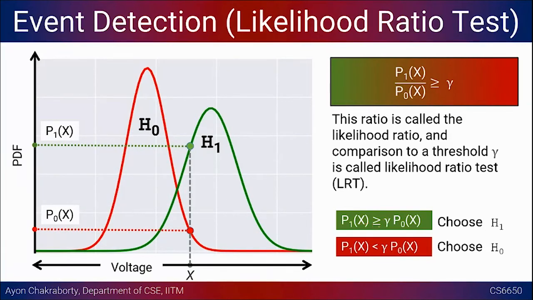If P1(X) is greater than or equal to gamma times P0(X), then we choose H1, otherwise we choose H0. Instead of using gamma equal to 1 as we have done in the last case, we put a certain weight in this ratio. Instead of using 1, we use some other value gamma, and this test is known as the likelihood ratio test.